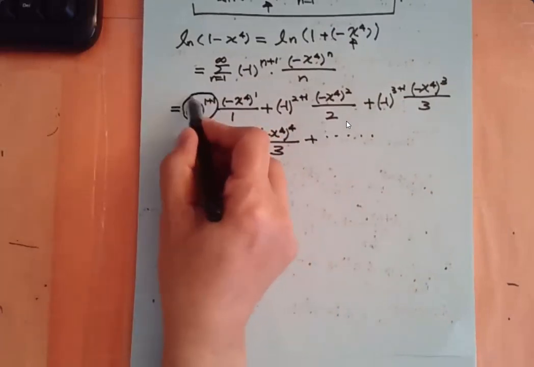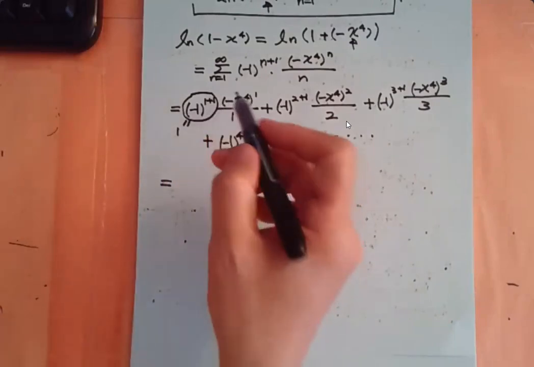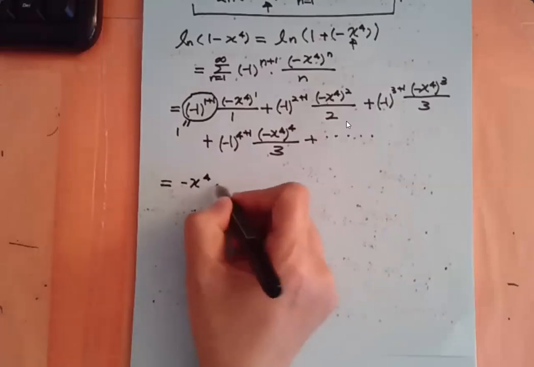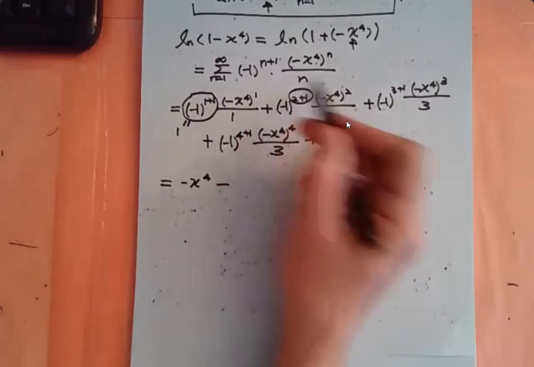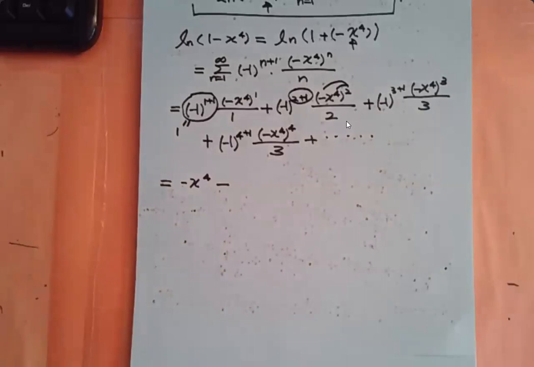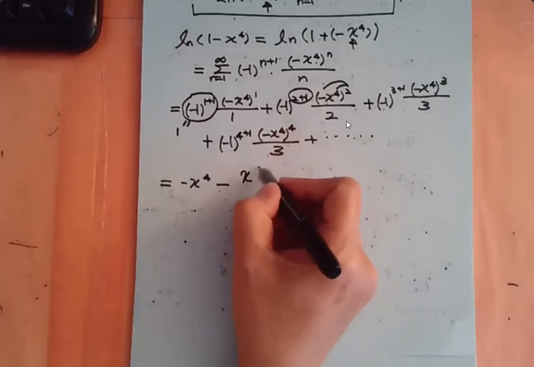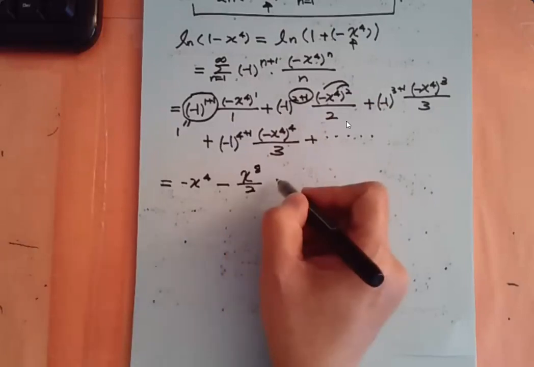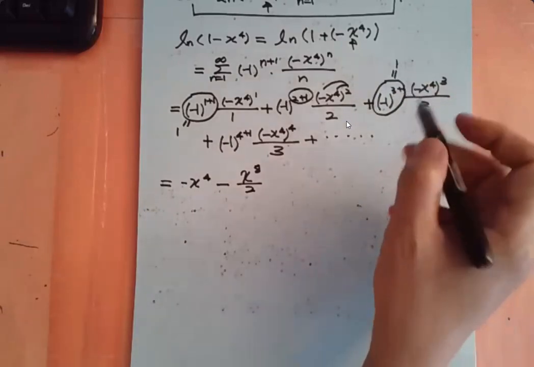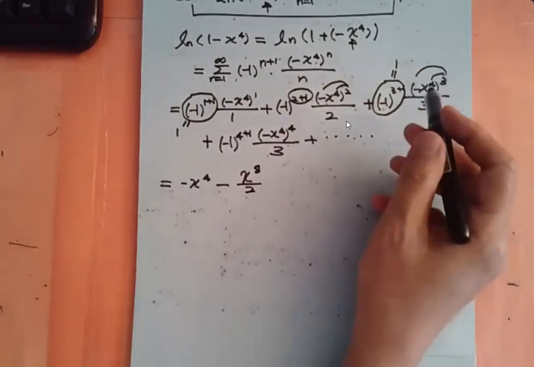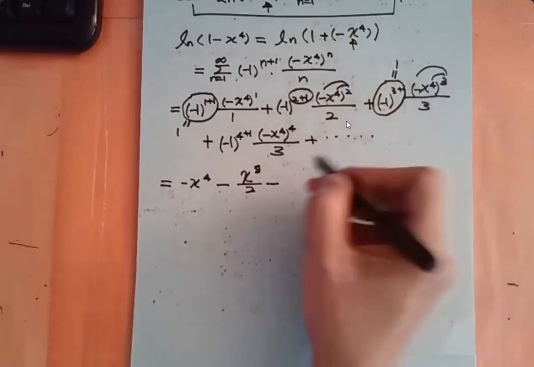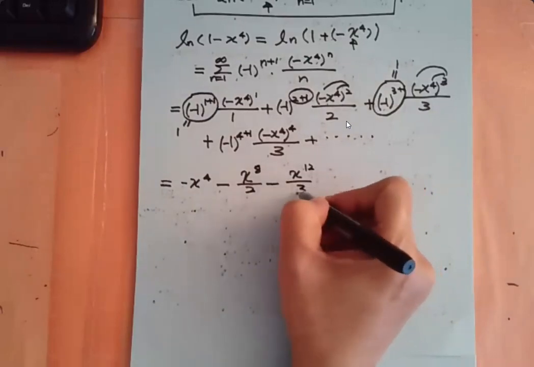So it is enough to simplify the first 4. This one is 1 because second power. So this one is negative x to the 4th power minus, because this is cubed. And then this one is distributed in this way. Negative 1 squared is 1, x to the 8th power over 2. And then this part will be 1 because 4th power. And we distribute it. And then negative 1 cubed is negative, x to the 4th power cubed is x to the 12th power over 3.